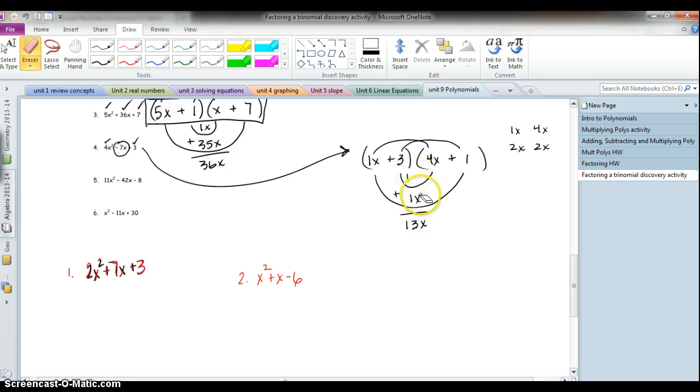So let me get my eraser to work here. I think something about this video makes the eraser delay. Okay. And before I had 3 and 1, I'm just going to switch the location of those. So I'm still using the same sets of numbers, but I'm just moving the location.